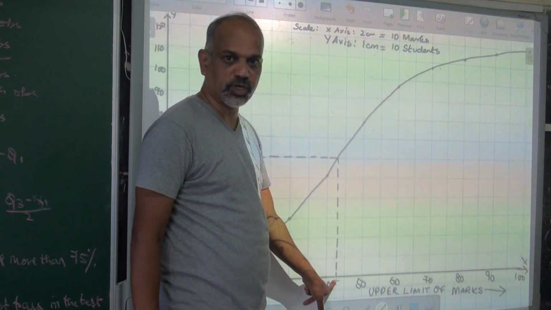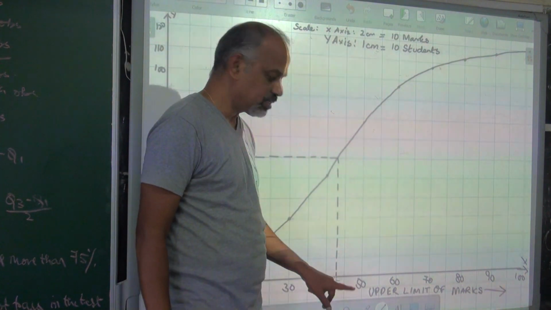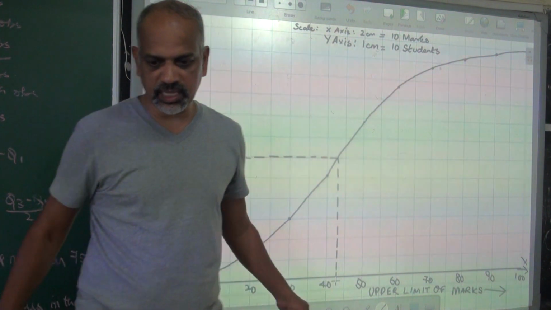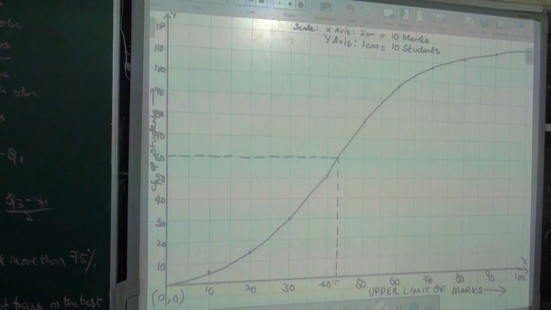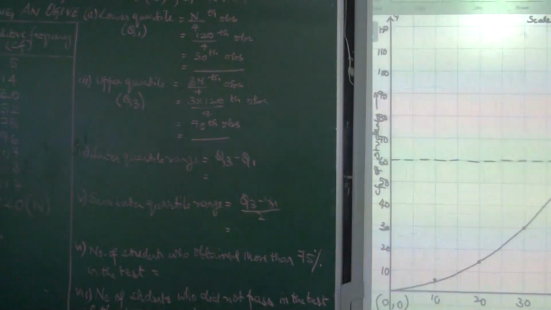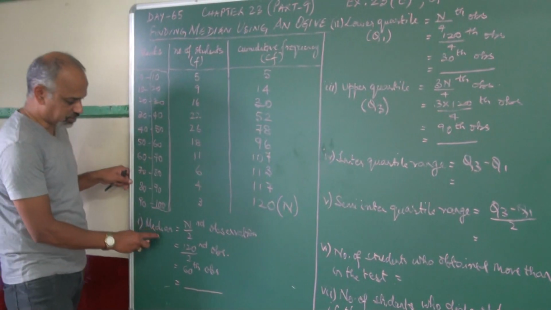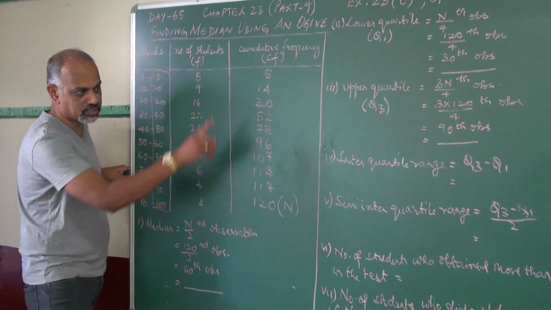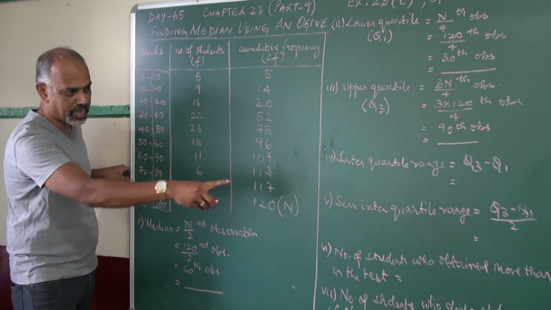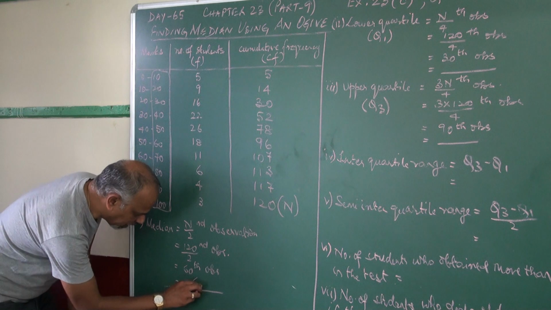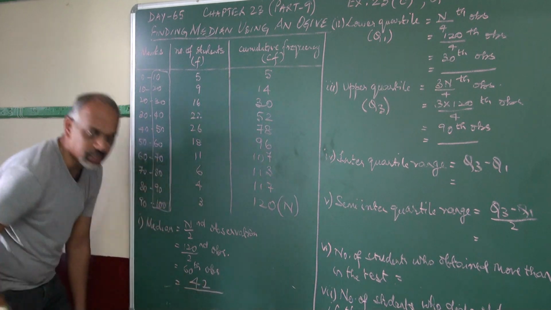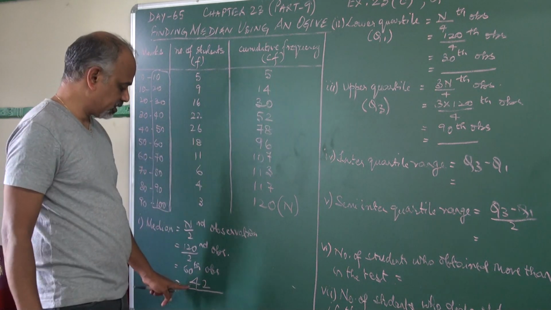Approximately I am getting 42. This is your median, and this has to be written in the answer. So we got the median, which is the 60th observation, and the 60th observation went to the x-axis at 42. So our answer for median is 42. The first one is done.